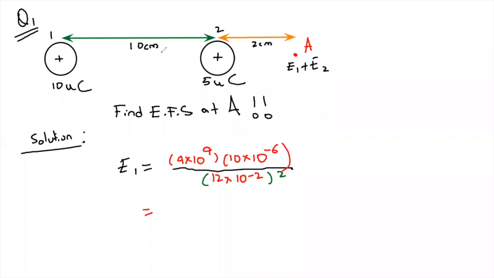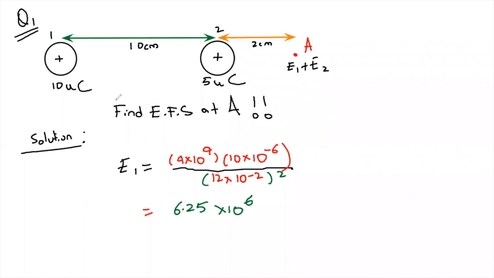Okay, 10 raised to the power 6 minus 6 divided by 12 into 10 to the power minus 2 squared. Okay, I'm getting 6.25 into 10 to the power 6. Exactly. Hey, Aisha, are you sure this is 26? Because I'm getting 10 to the power 6 here. See?